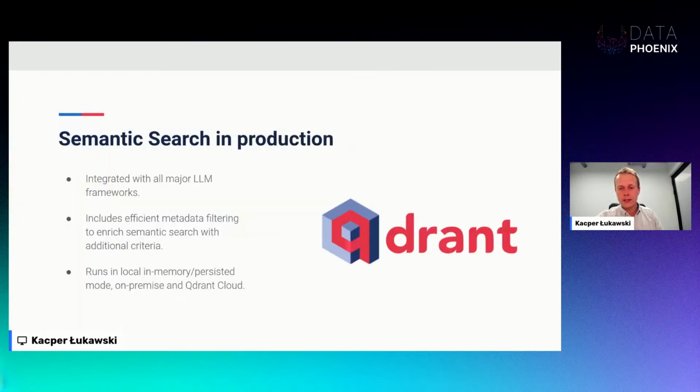And in order to serve semantic search in production, you might be interested to use Qdrant, a vector database, aka vector search engine. We are already integrated with those LLM frameworks.